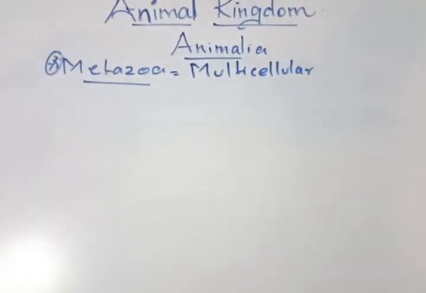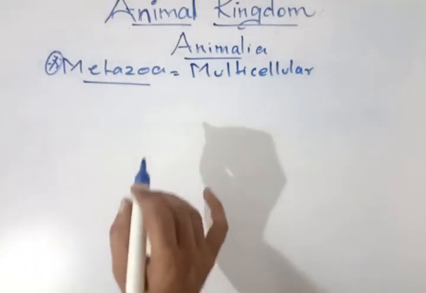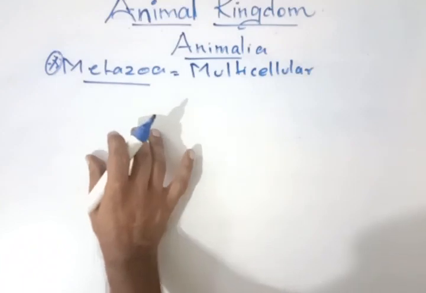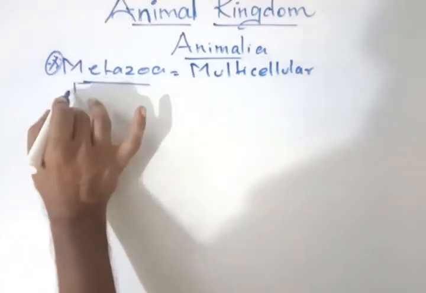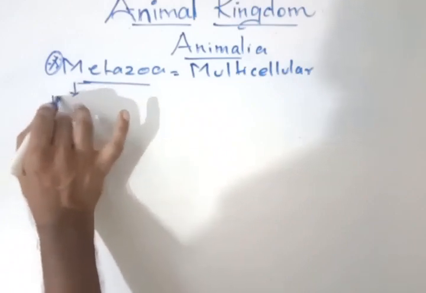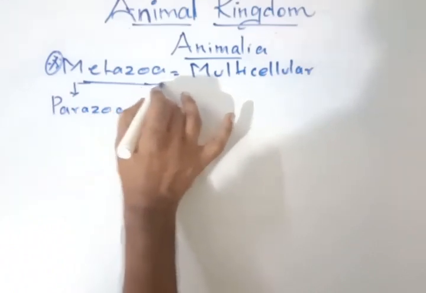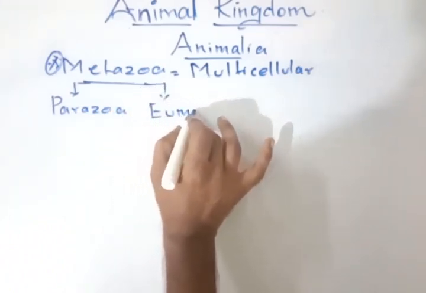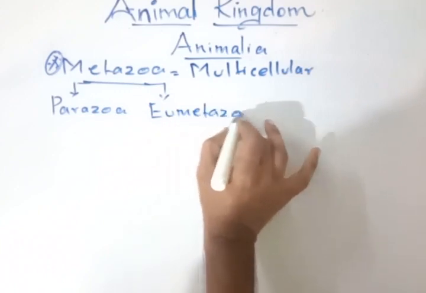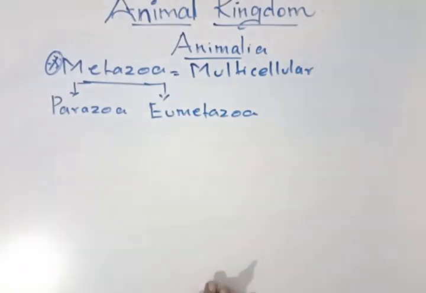And second one, these metazoa will be further divided into two types of subkingdoms. So number one is the parazoa, and the second one is eumetazoa. Okay, so metazoa will be divided into two types of subkingdoms.